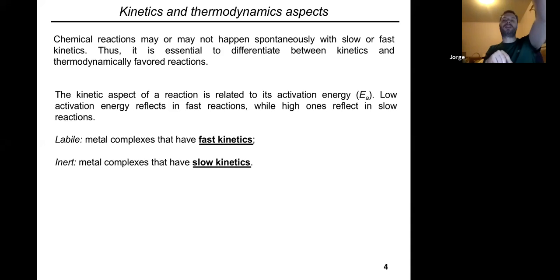And with high activation energies, the energy barrier is high, so it will take longer to get to the top of the mountain and then to the other side. That reflects in slow reactions. And here we have two terms that are correlated with the kinetics of a reaction. The first one is labile, which means metal complexes that have fast kinetics, and inert metal complexes have slow kinetics.